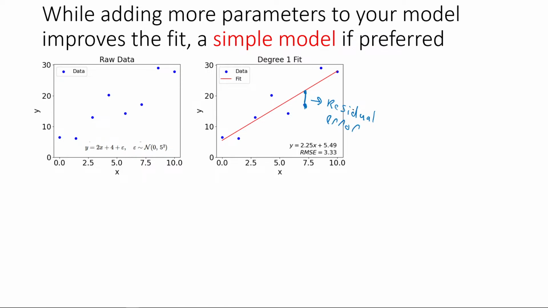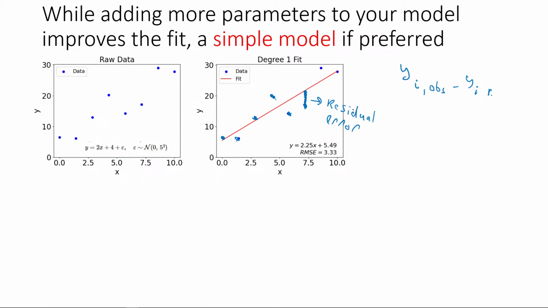So that is y observed minus y model at any point i, where i is equal to 1, 2, 3, 4, 5, and so on.